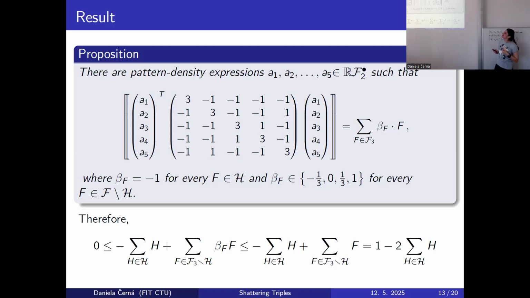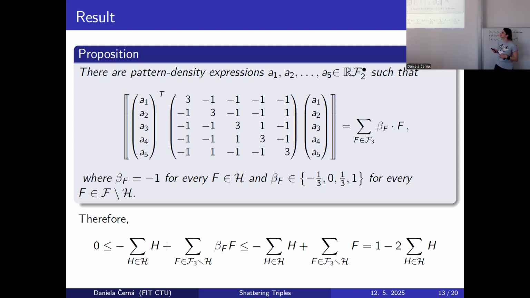So there are pattern density expressions. We know exactly what these are, but I did not write them on the slide. That's why you can almost verify it. But regardless of what the expressions actually are, this matrix is positive definite. So regardless of what these vectors are, the number in the bracket is non-negative, and after averaging, it will still be non-negative.